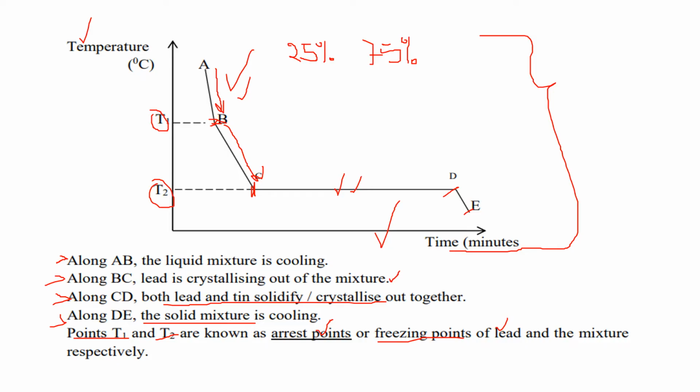Point T2 is where both of the components in the mixture crystallize out. We have said that that's called the eutectic temperature, where the two components of the liquid mixture are solidifying out. But we shall look at that in more detail in the next slide. So let's jump on to the next slide.